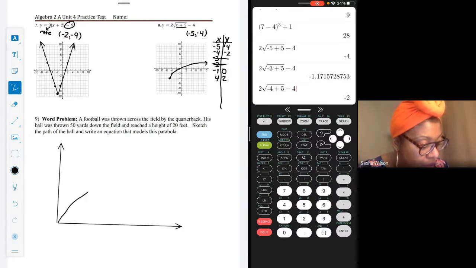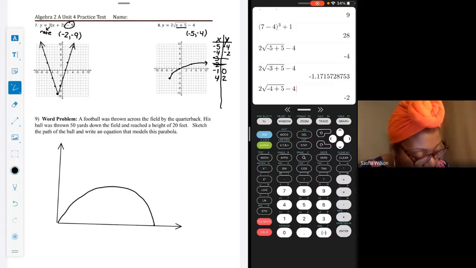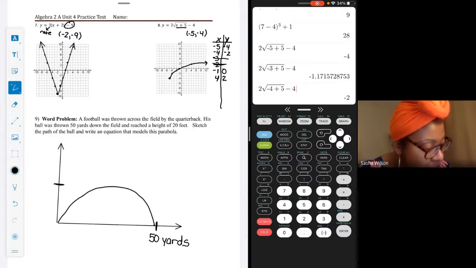So I'm going to throw my football. And that was 50 yards. And it reached a height of 20 feet.